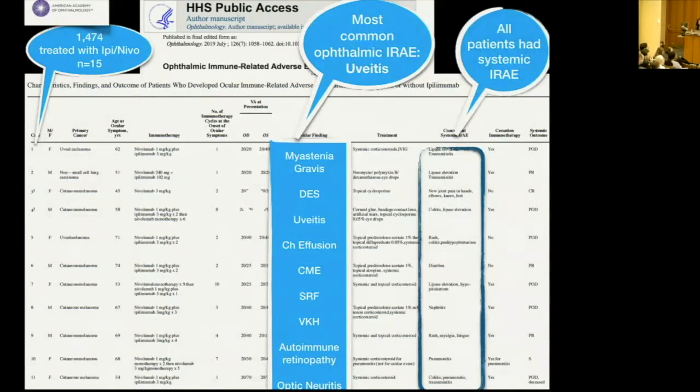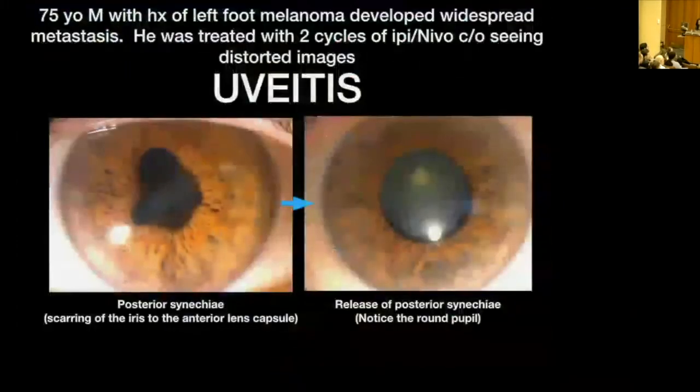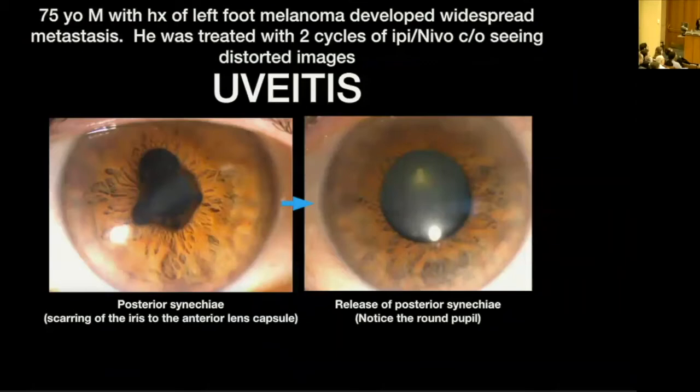Now let's discuss a few unique cases. This is a 75-year-old man with a history of left foot melanoma who developed widespread metastasis. He was treated with 2 cycles of Ipi and Nivo and complained of seeing distorted images. Anterior segment examination showed an irregular pupil.